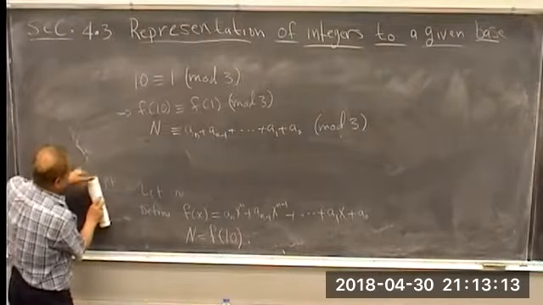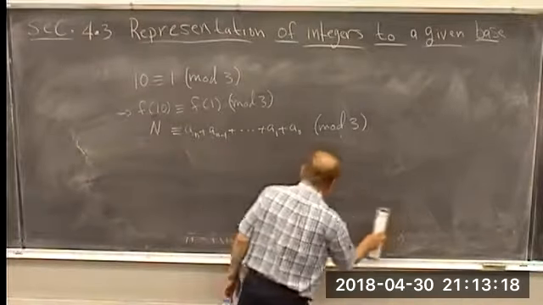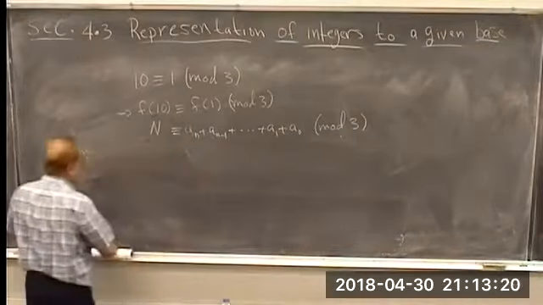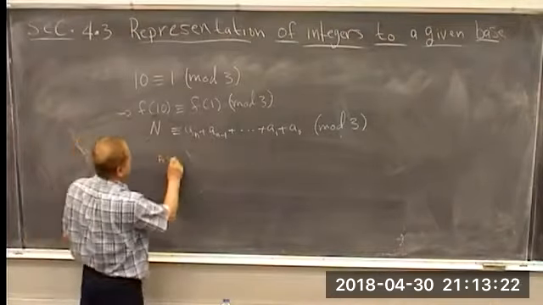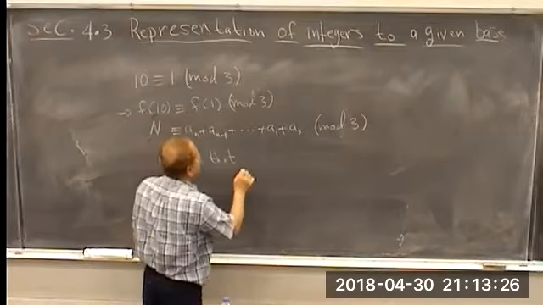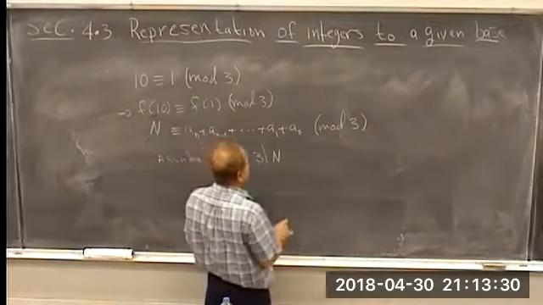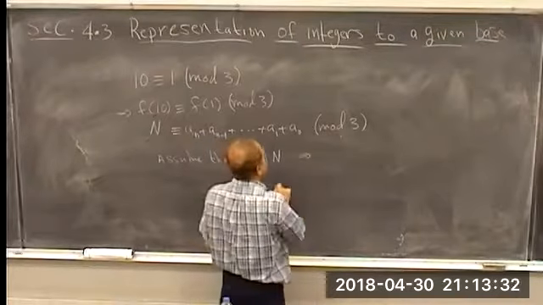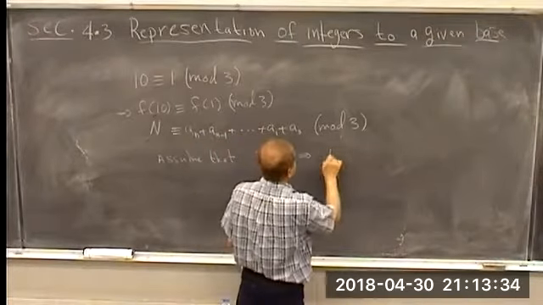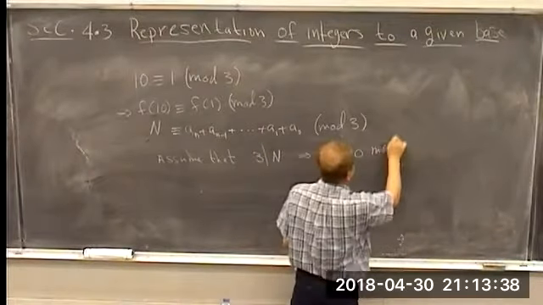Now let's see, assume that 3 divides n. This implies that n is congruent to 0 mod 3.